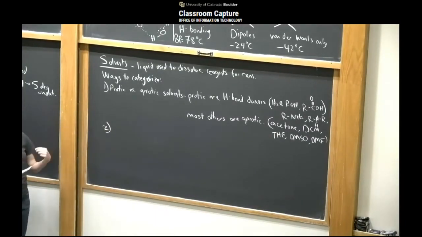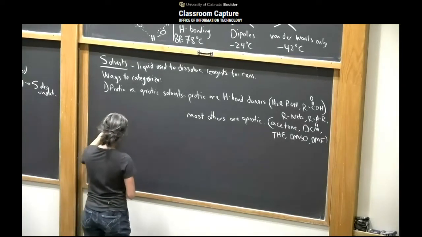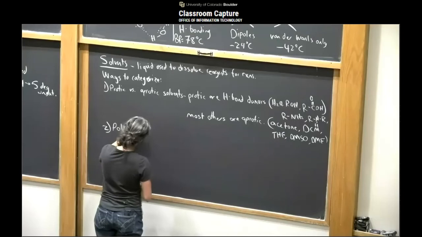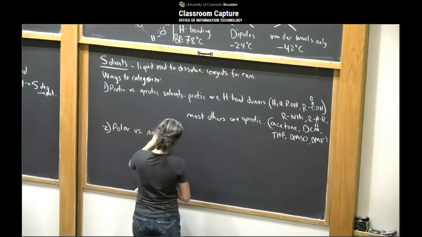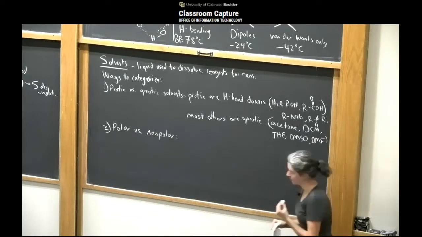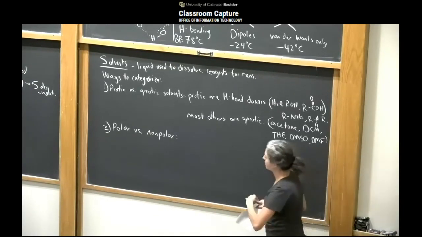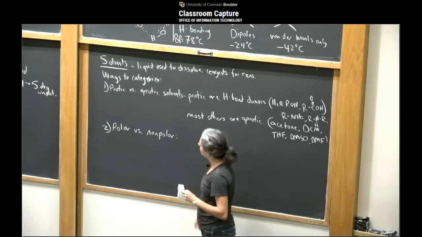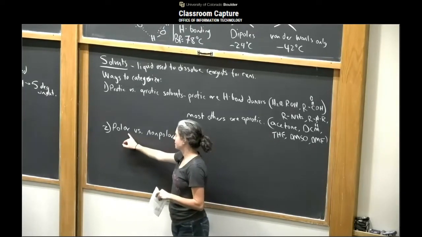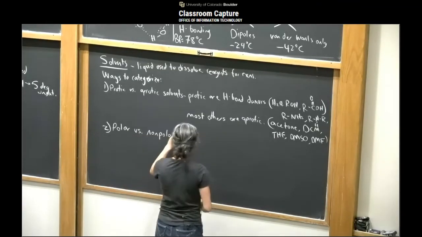So another way of subdividing these is polar versus nonpolar. Okay, so I know we've talked about polar molecules before, things with dipoles. Just to really screw with you, this is actually referring to a totally different type of polarity.